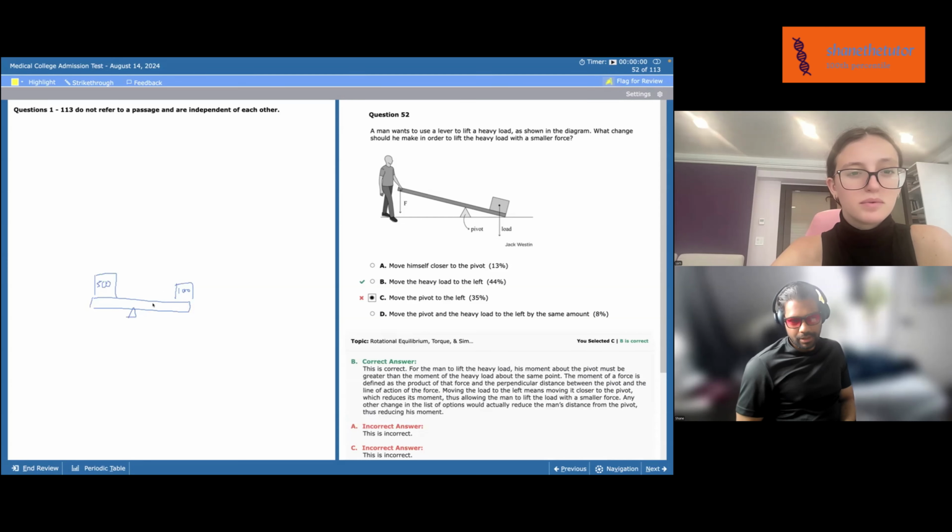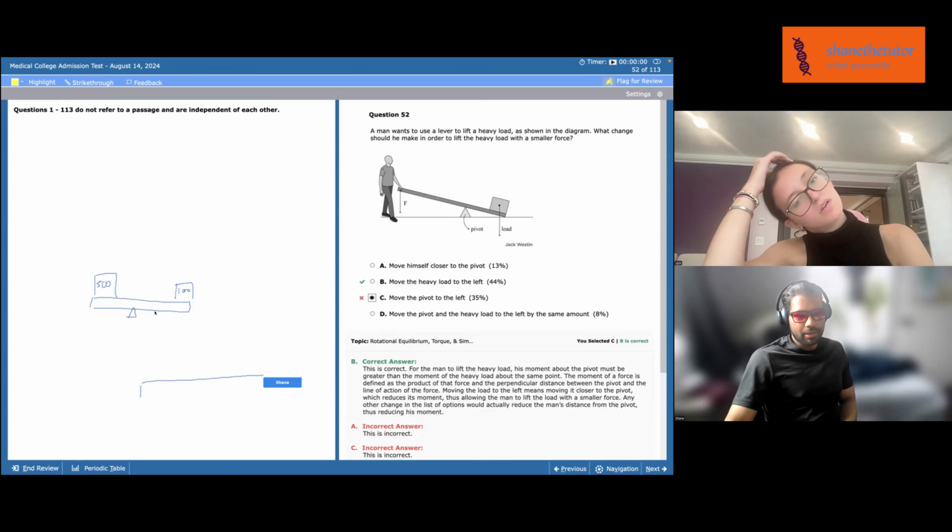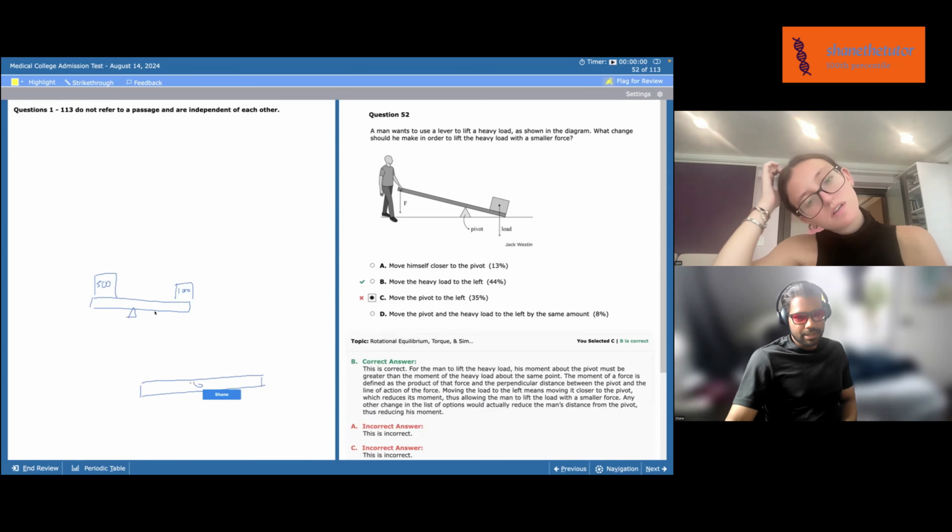Would you move it more like here? I don't know. Can you see my mouse? Yep. So if you moved it there, it would gain even more torque, because if you're thinking about torque, let's say this is a pivot and this is a force that you're applying, this would be the distance r, and this is the force.